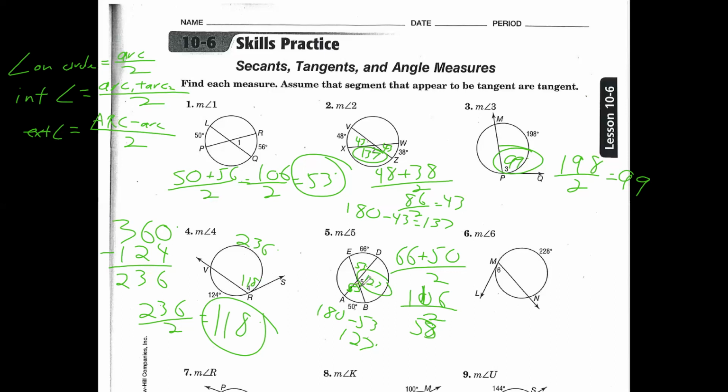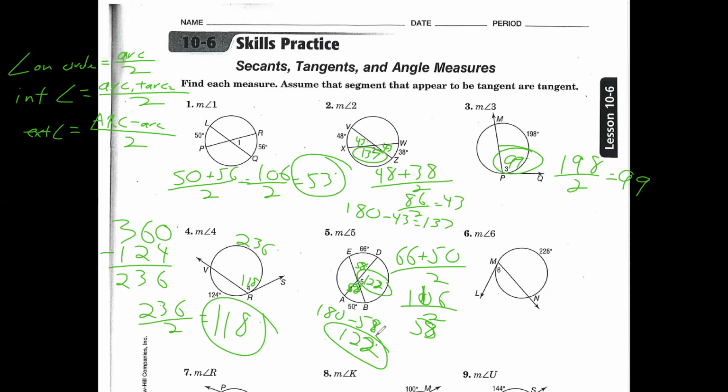So then this was 58 on both of those. If I subtract 58 from 180, that is now 122. Yeah, thank you. Which makes more sense. I thought something was strange.